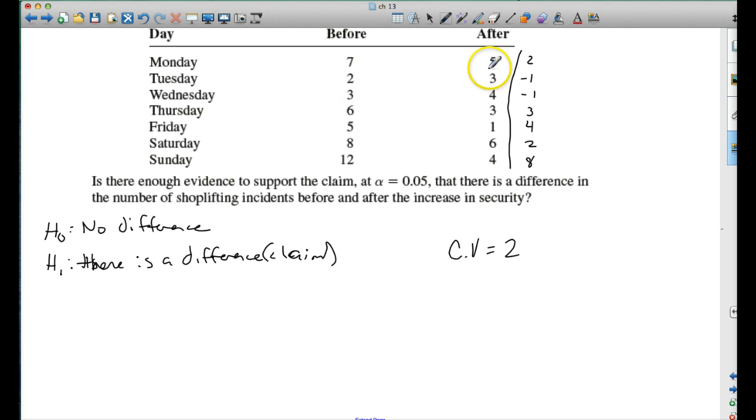Now we have to find the absolute value of those. So we had 2, 1, 1, 3, 4, 2, 8. Absolute value of those. Now we're going to rank those, so I'm going to draw a table, ranking these in order from smallest to greatest.